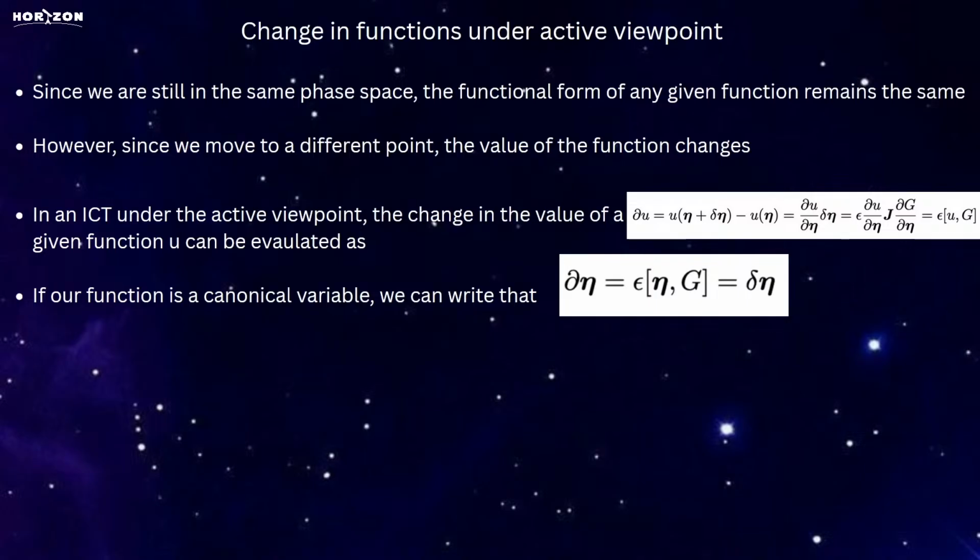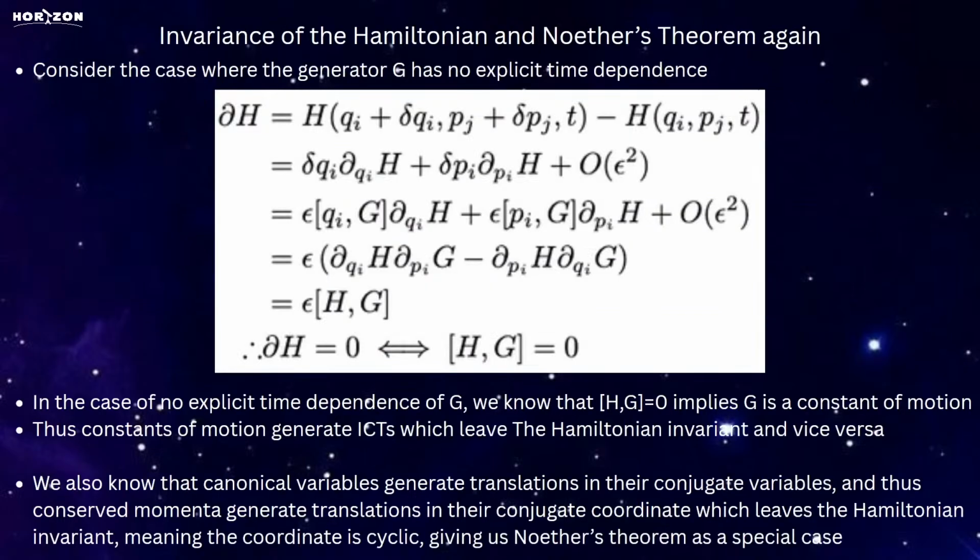We have seen that functional values may change in the active viewpoint. Let's now attempt to evaluate their change. We'll represent their change as delta u over here. And if we use some elementary mathematics, we get this bracket relation. Let us apply this to the Hamiltonian and see what happens.